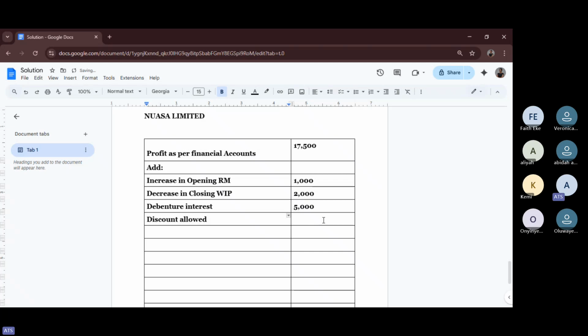How much is discount allowed? 2,000. 1,000. Okay. Now, let us deduct. So what are the things we are supposed to deduct? Decrease in opening inventory. Thank you.